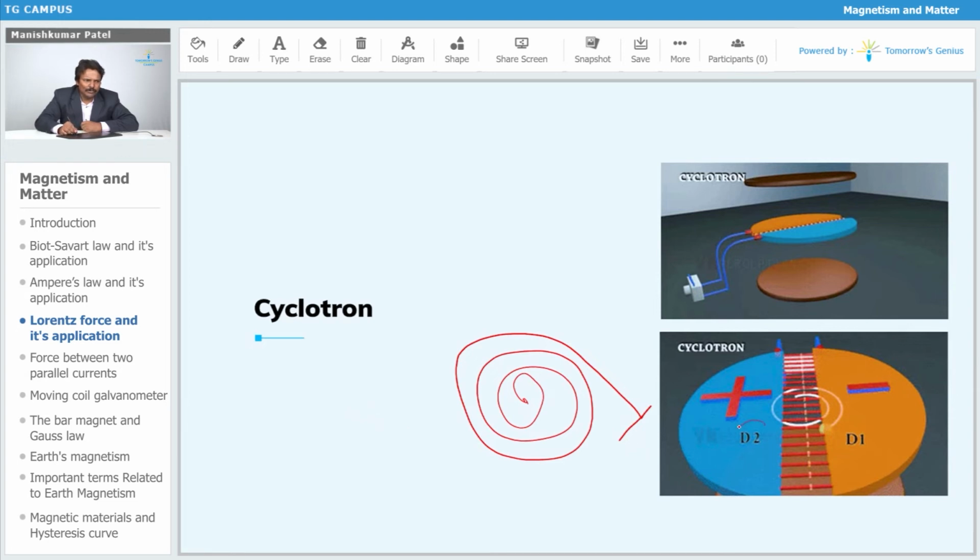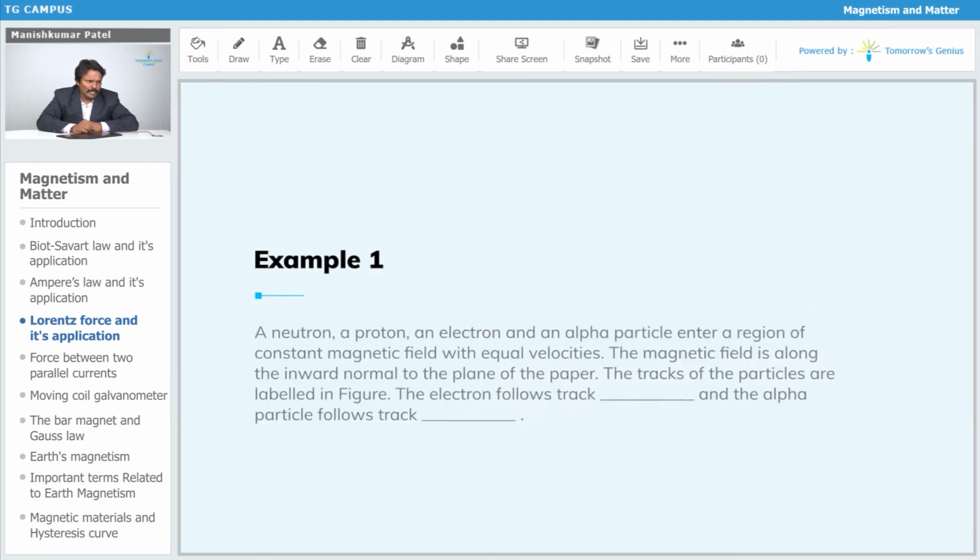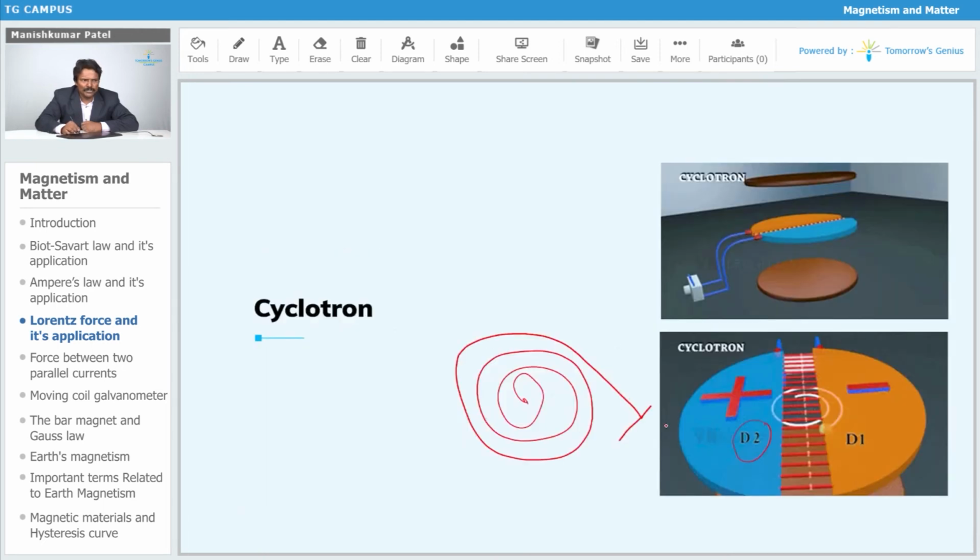These D1 and D2 are two hollow Ds, and inside them the charge is moving. In this case you have to set an external frequency. So the charge is placed at the center, and it performs this motion and finally comes out.